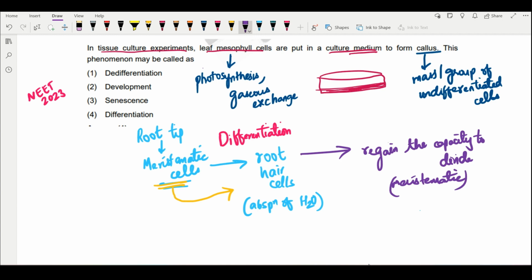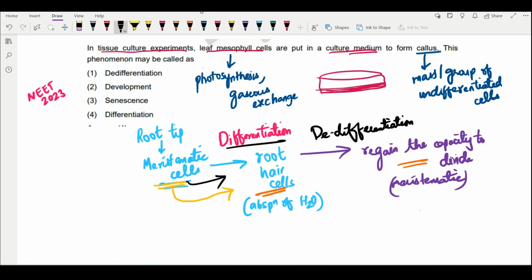This process, where differentiated cells like the root hair cells regain the ability to divide, is known as dedifferentiation. So differentiation is a process where meristematic cells lose the ability to divide to get specialized to perform a specific function, while dedifferentiation is a process where differentiated cells regain their capacity to divide and are not specialized to perform any specific function.